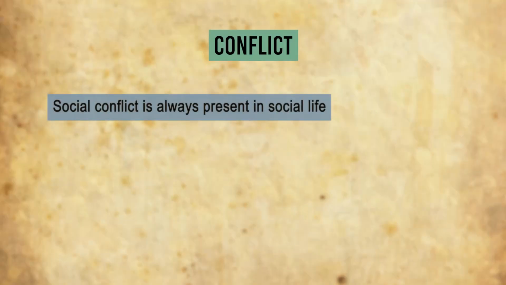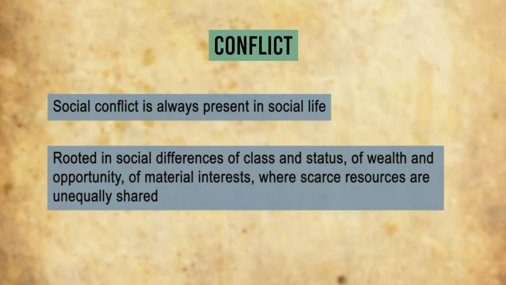Now, social conflict, as most of the theorists argue, is always present in social life. There cannot be a society or a social interaction or a social life without the presence of social conflict. It is rooted in the social differences of class and status, of wealth and opportunity, of material interests, where scarce resources are unequally shared. The resources that we have in our society are limited, but they have to be distributed amongst all.